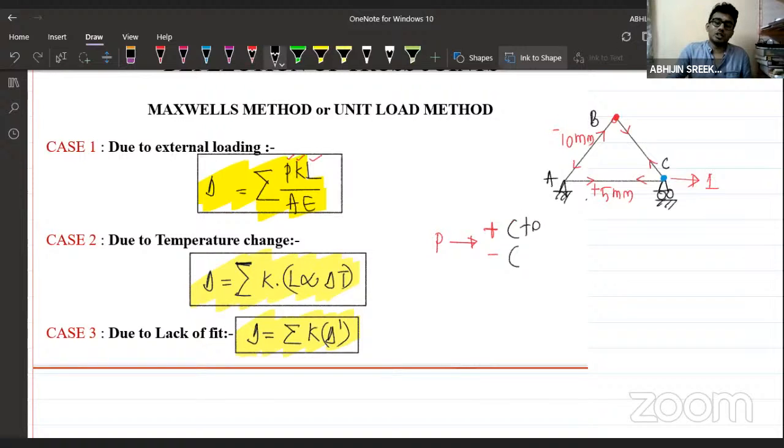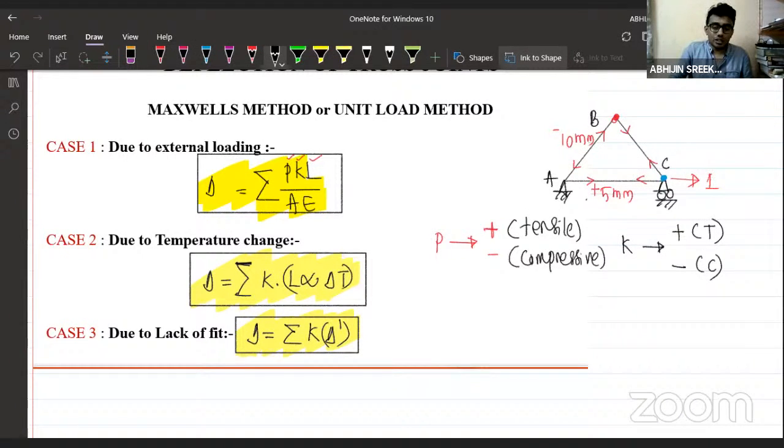Exactly. If the nature of force there is tensile, I'll be considering it as positive. And if the nature of force there is compressive, I have to consider it as negative. Same thing is applicable in case of K value also. If it is tensile, I will be taking it as positive. If it is compressive, I will be taking it as negative.